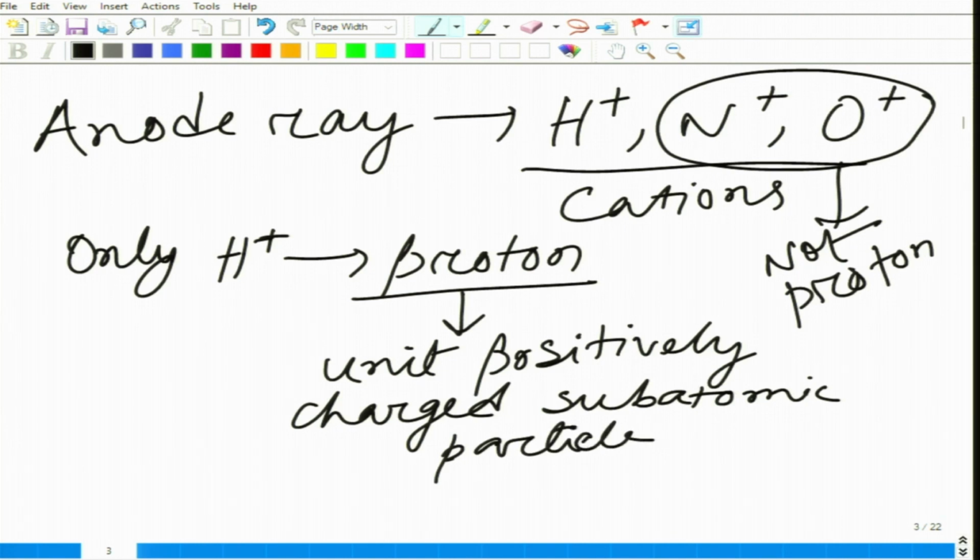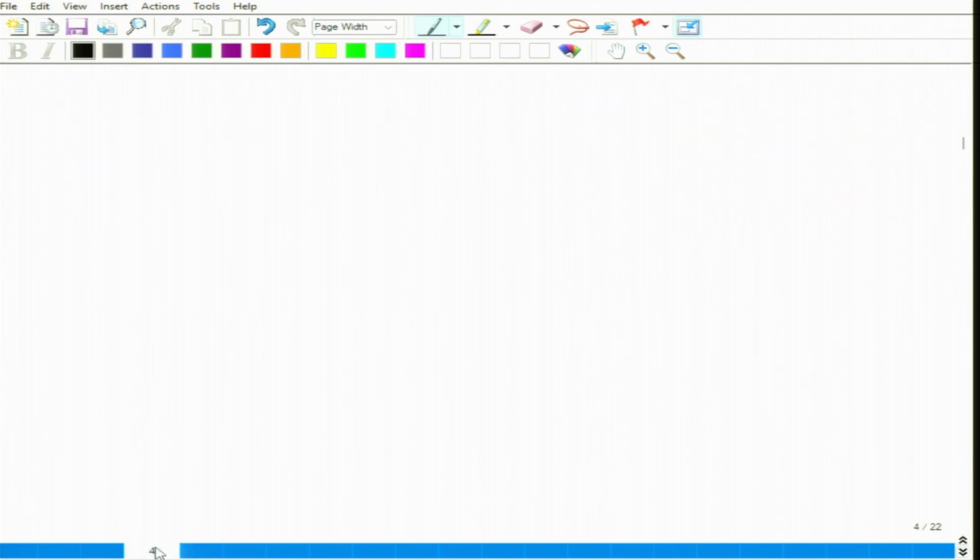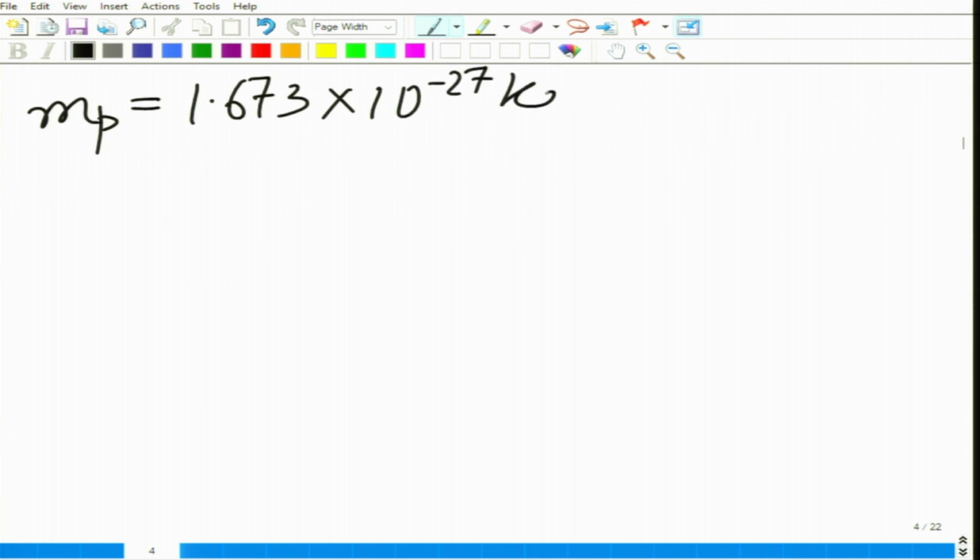One thing I didn't mention in the last class was that these anode ray particles were also called canal rays. Why? Because we have seen that the mass of proton is equal to 1.673 × 10^-27 kg, whereas the mass of electron is 9.1 × 10^-31 kg.